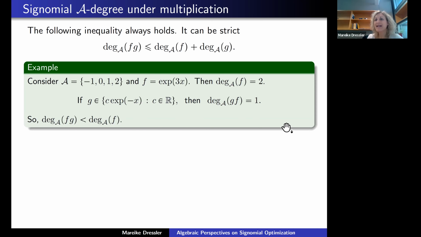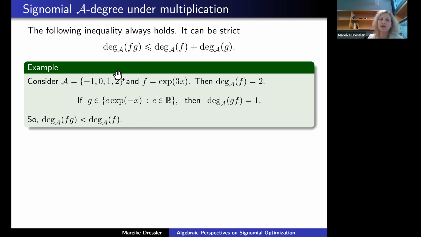But here you have an example where we really have this strict inequality. So if we have a support as this set, and then we consider a signomial e to the 3x, then the A-degree of f is 2, because I need two basis functions to express my f.